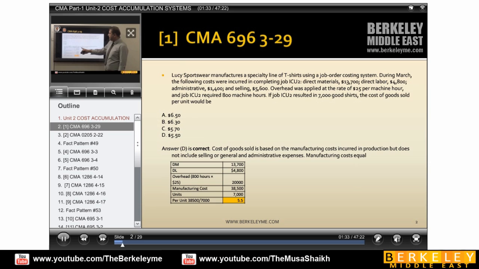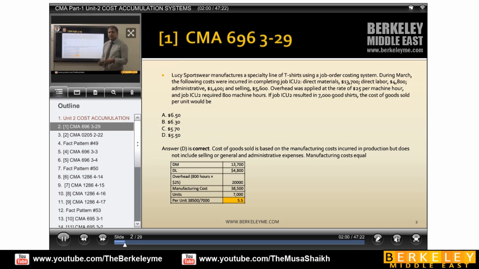Direct material is 30, I will put it into a table also, so quickly we can see. In the lecture we saw a job order sheet which had DM, DL and overheads. It's the same. Material is 13,700. Now I need labor, which is 4,800.